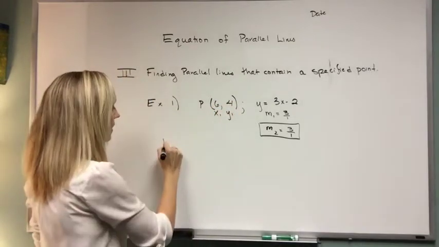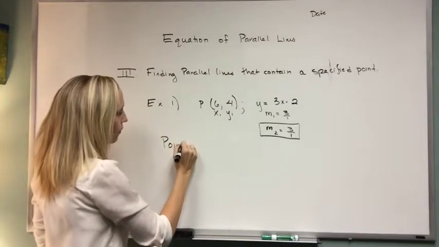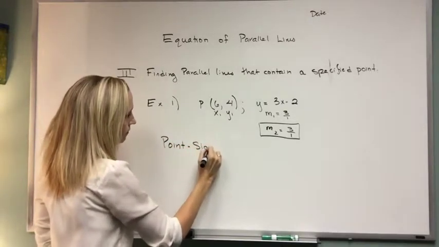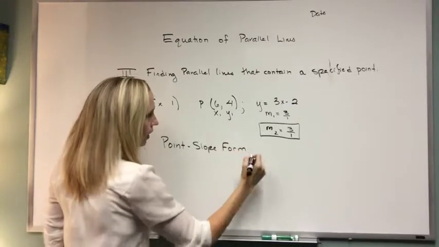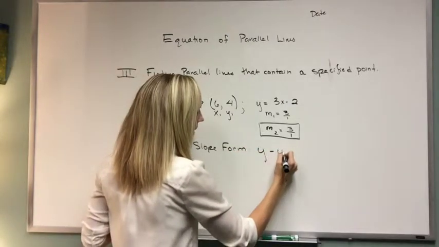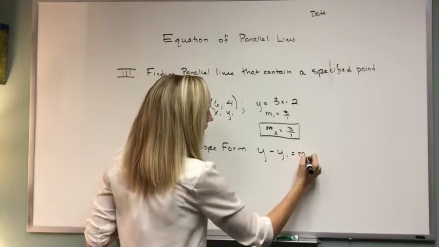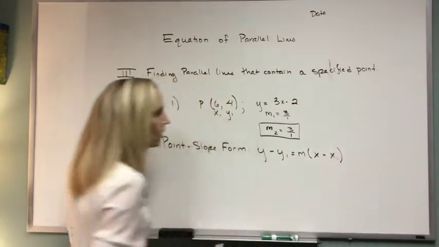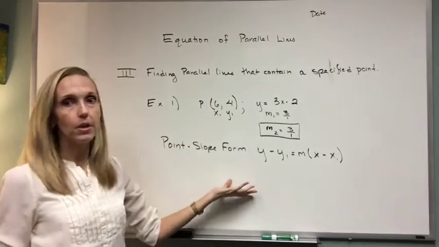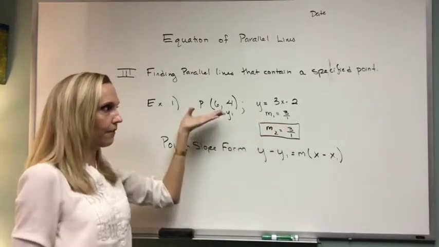we're going to put this in point slope form, which is, as you should recall, y minus y1 equals m times quantity x minus x1. Why should we use point slope form? Because we have the slope and we have the point.